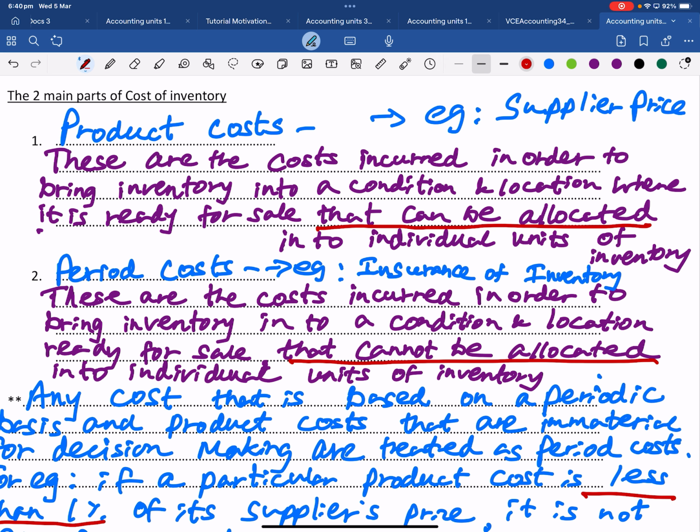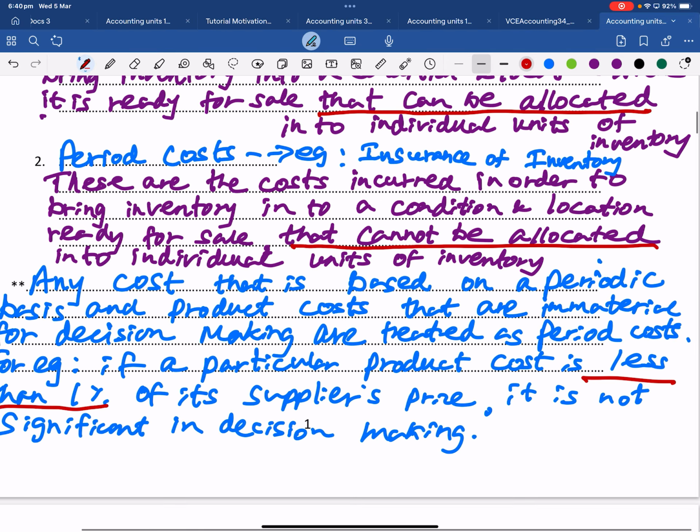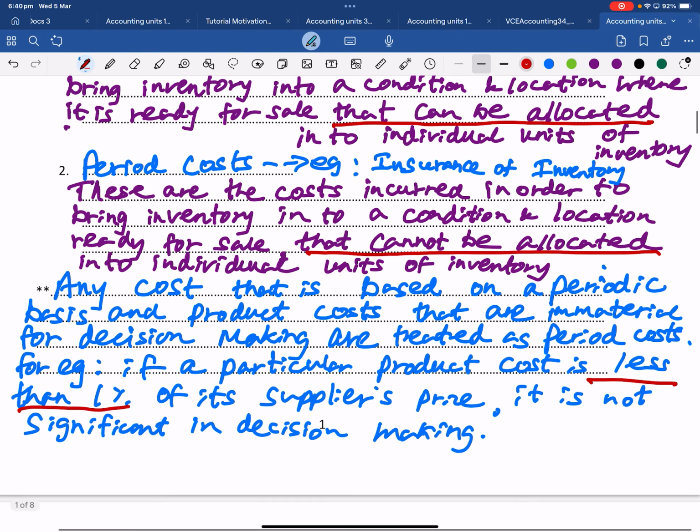Not only that, any other product cost which is immaterial in decision making. What does that mean? It is too insignificant, not significant enough in making decisions or setting the selling price.